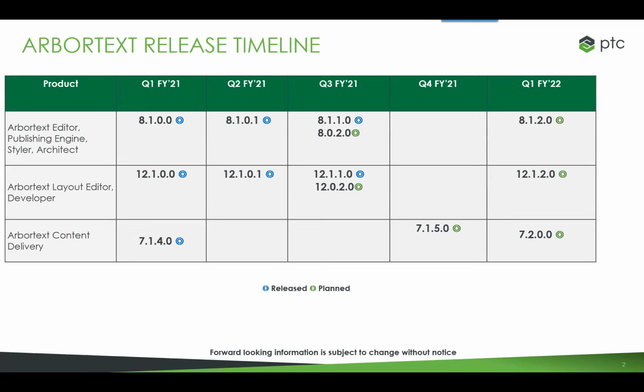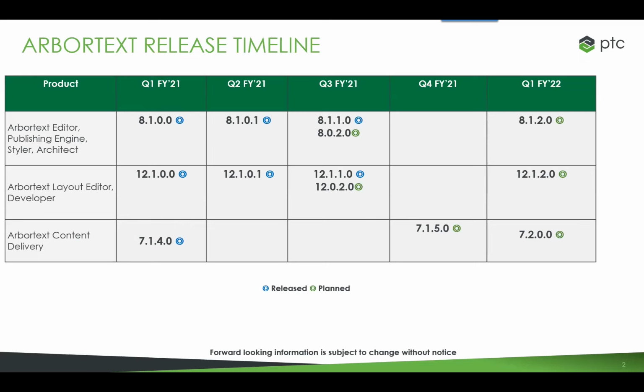Then looking forward, and of course, forward-looking information is always subject to change, in Q4 of our fiscal year, so that's between now and September, we have a release of Arbortext content delivery 7.1.5.0.